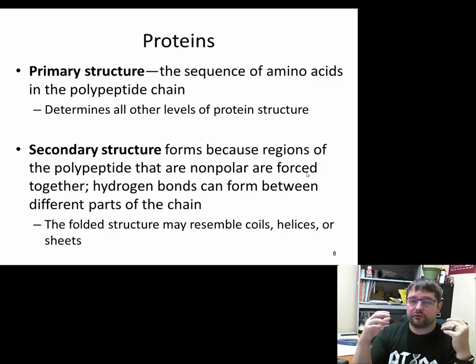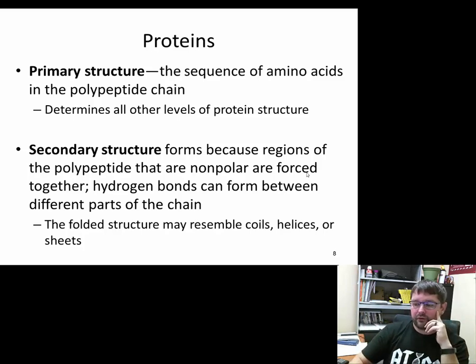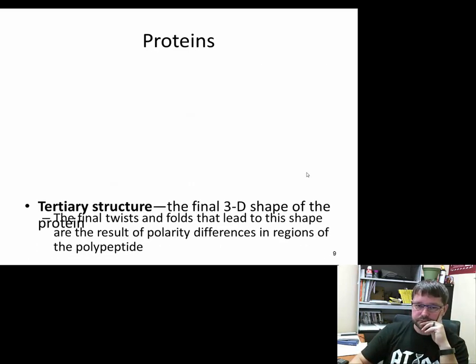And then you have regions that are polar that will form hydrogen bonds. And by having these structures, you can get these unique, nice shapes like coils or helixes or sheets. And that's really the secondary structure.